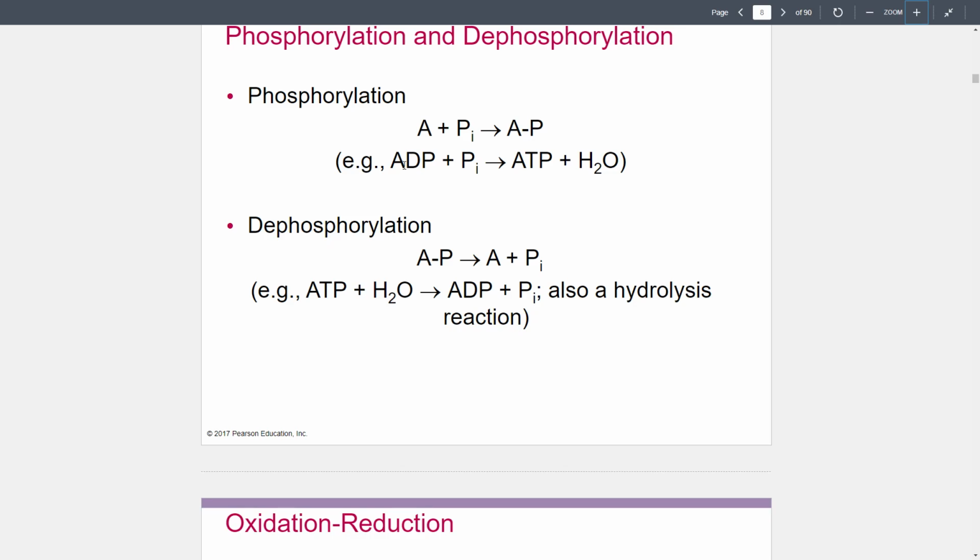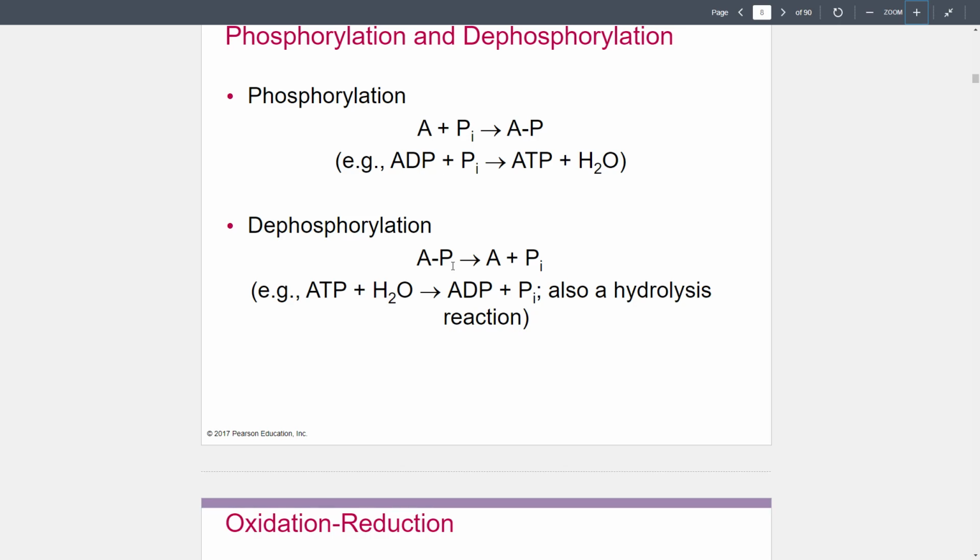So example given, I have ADP plus a phosphate group, and they bond together. And how do they bond together? I remove a water molecule from the ADP and from the phosphate, so I get ATP plus water at the end of my reaction.